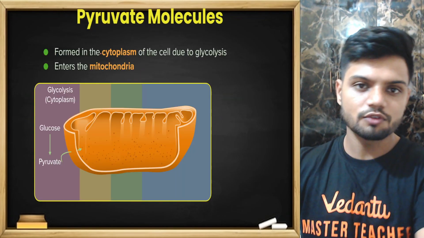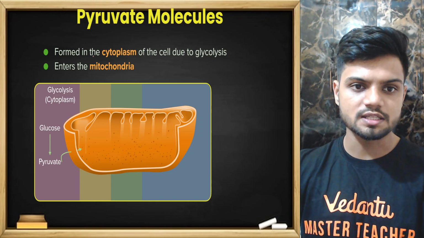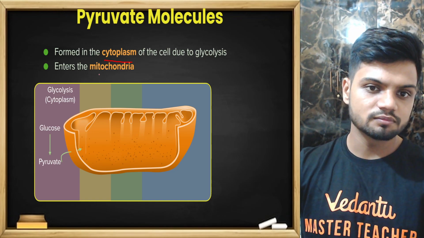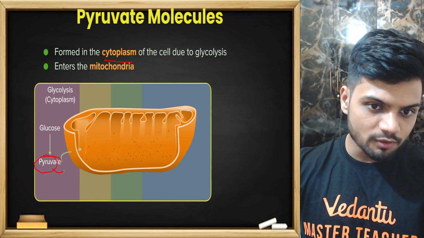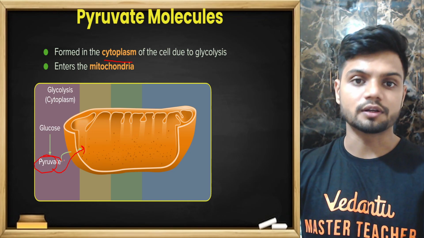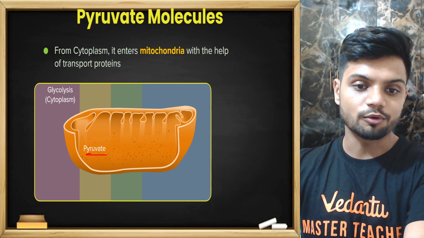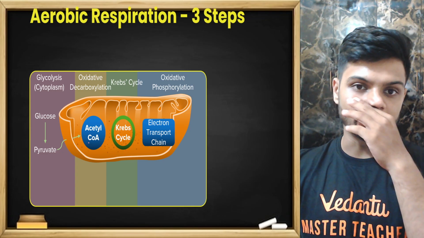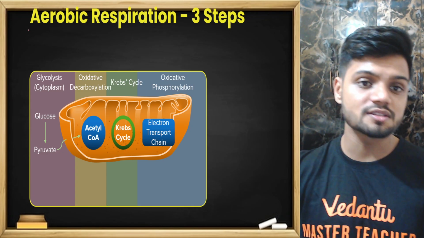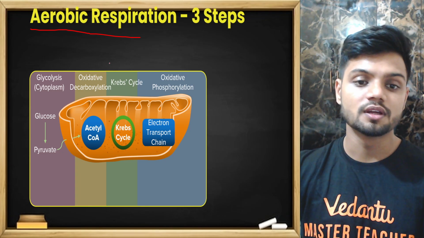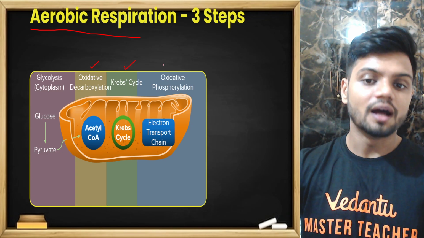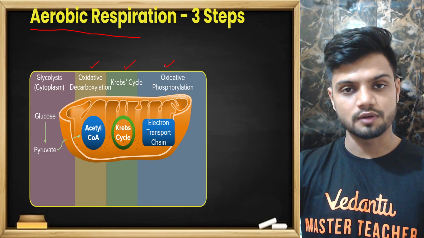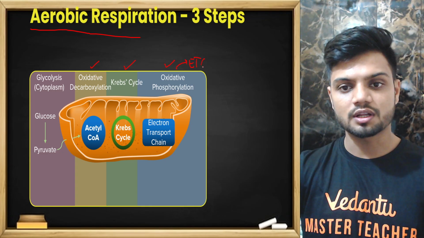Now what is happening here? I'll give you a small preview of what we'll learn in the next class. We have cytoplasm here. Pyruvate is produced in the cytoplasm. This pyruvate will now be transported into the mitochondria. Can you see here? And this pyruvate will undergo three different reactions in aerobic respiration. One is oxidative carboxylation, the second is the Krebs cycle, and the third is oxidative phosphorylation, which is basically the electron transport chain.